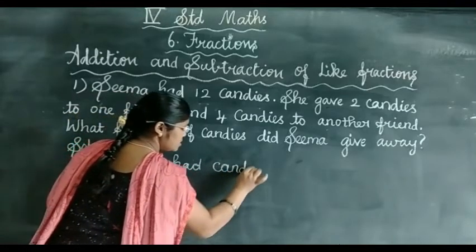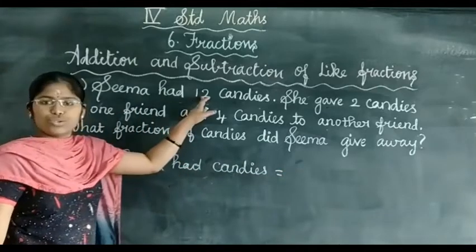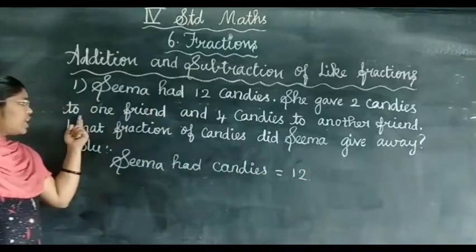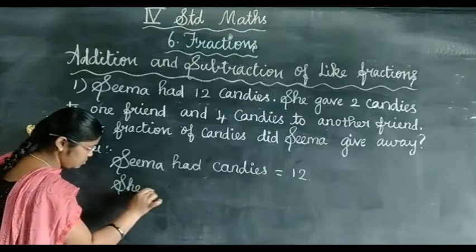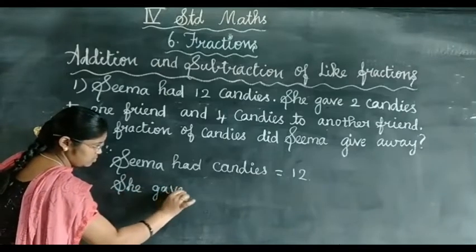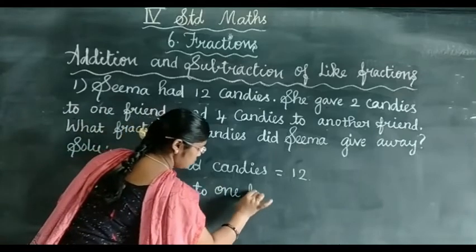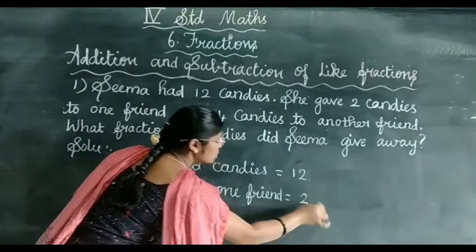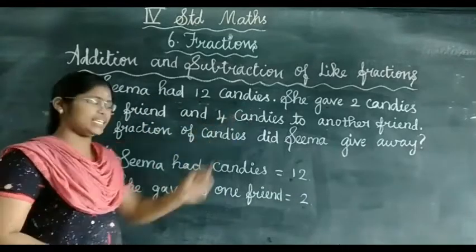Seema had candles equal to 12, and she gave to one friend 2 and for another friend 4 candles.